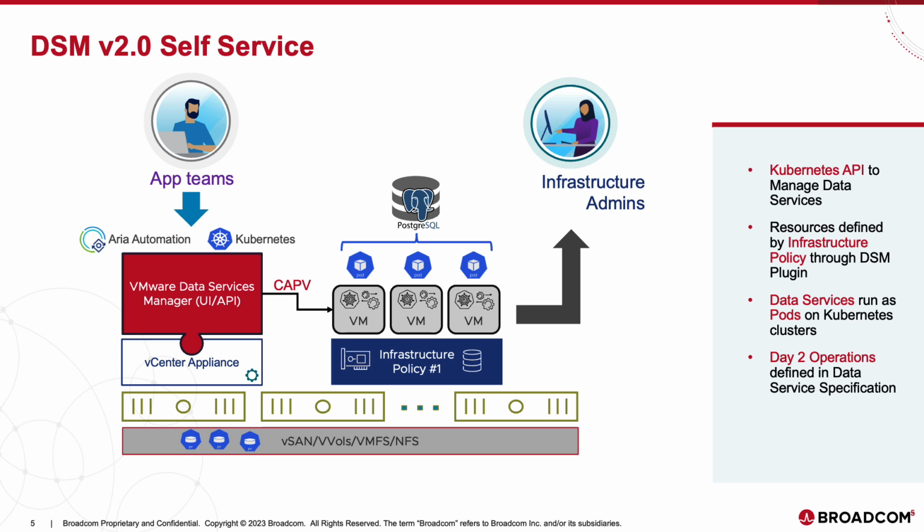Data service scale up or out, as well as restoring from backup, or other service modifications can all be initiated in this way. The user submits a specification for the data service they want. This creates a custom resource within the Kubernetes cluster running in the provider appliance. There are operators in that cluster that use the cluster API implementation for vSphere to create the VMs and deploy the databases.